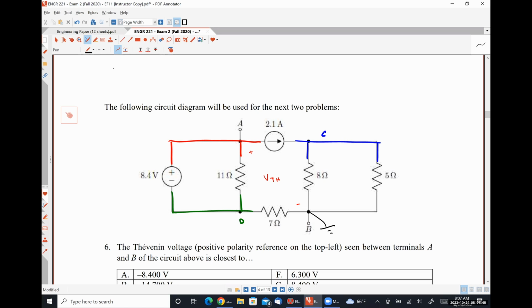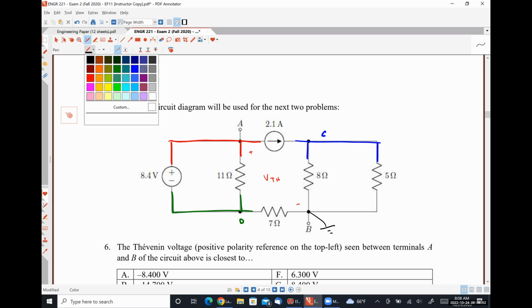I do have a voltage source, so I'm going to have 8.4 volts is equal to VA minus VD.